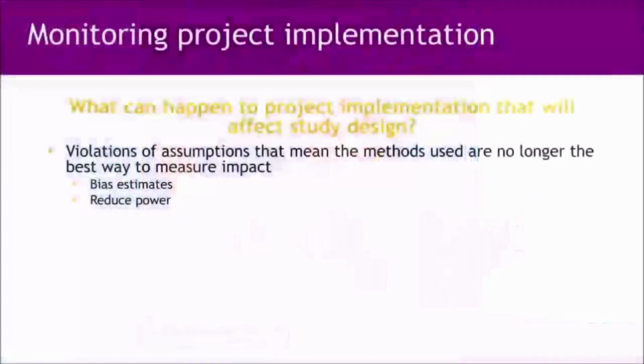As in theory, we can think about violating the assumptions of our models. And there's usually two things in the research design that can be affected. One is that we can have biased estimates. So I'm measuring something, but the effect that I'm measuring is always going to be lower or higher than the actual effect.